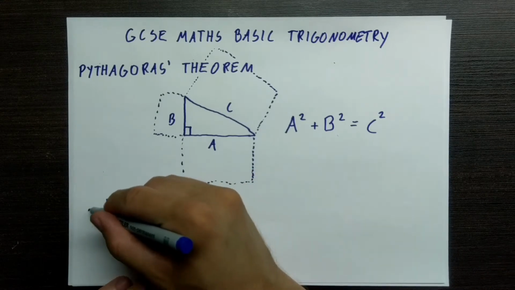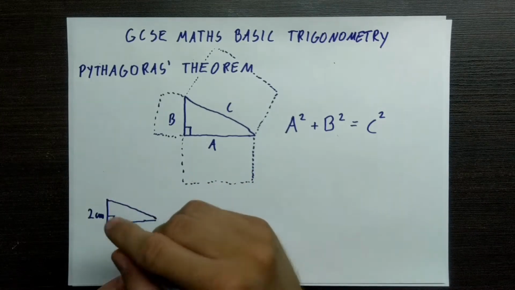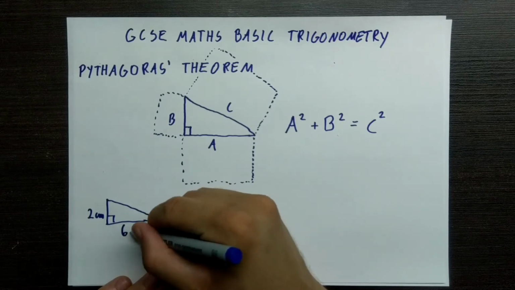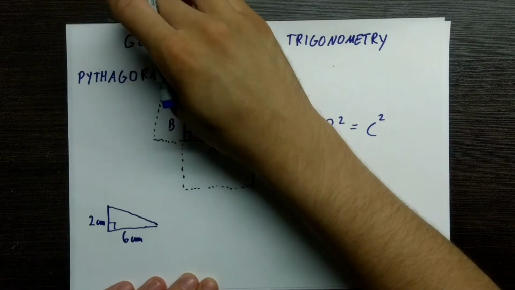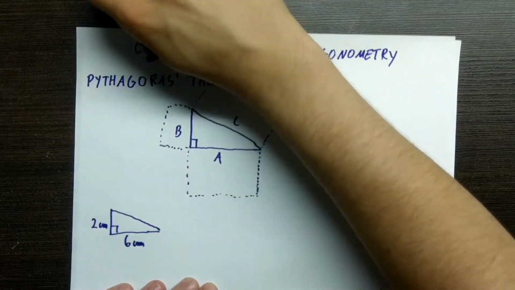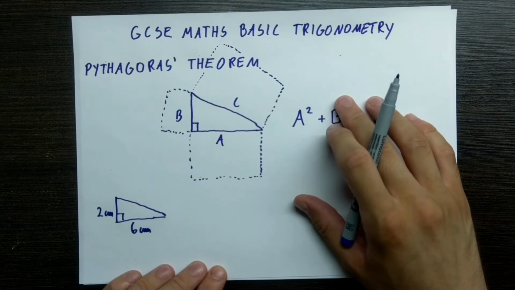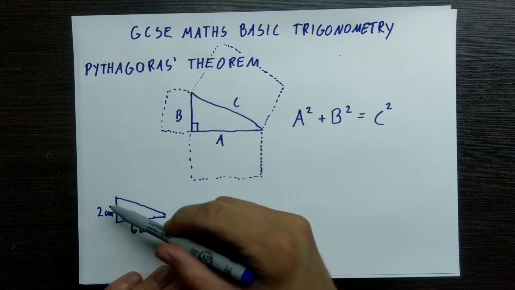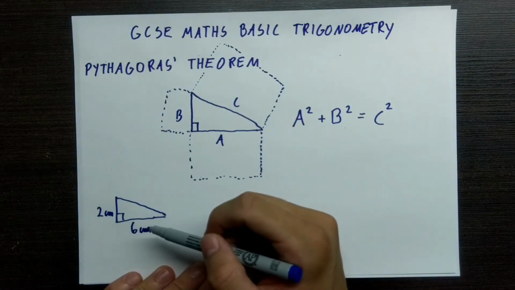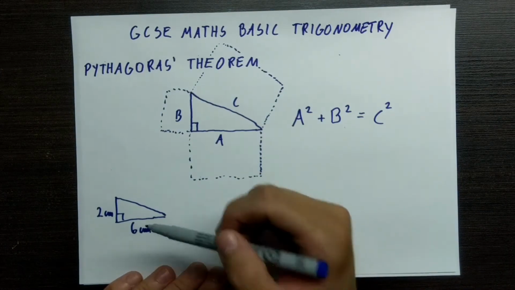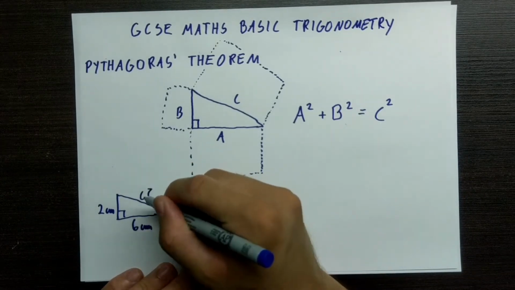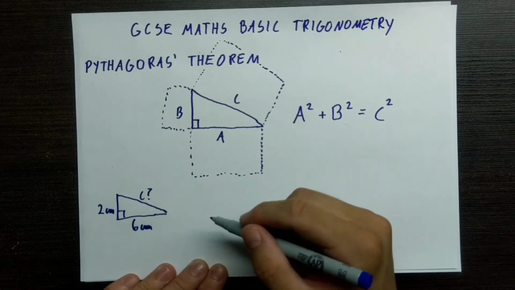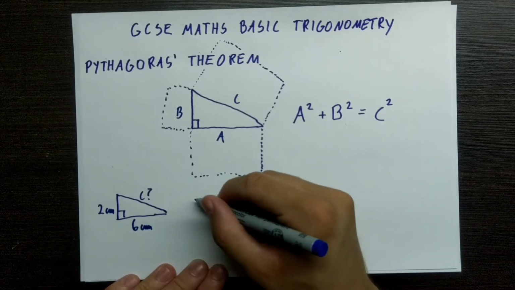So if we have 2 centimeters here, and we have 6 centimeters here, what is this side? What's the side C? Well, let's apply Pythagoras' theorem.